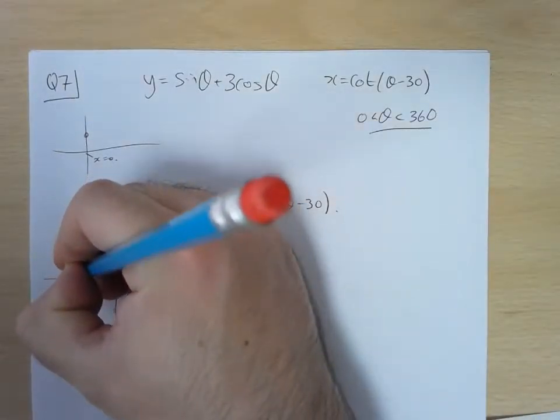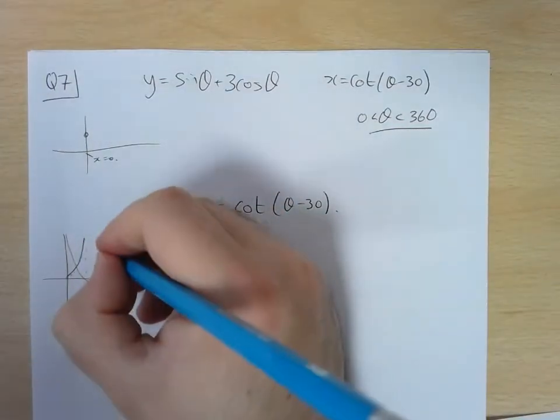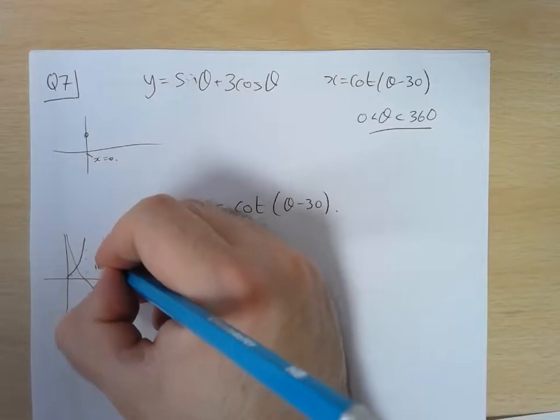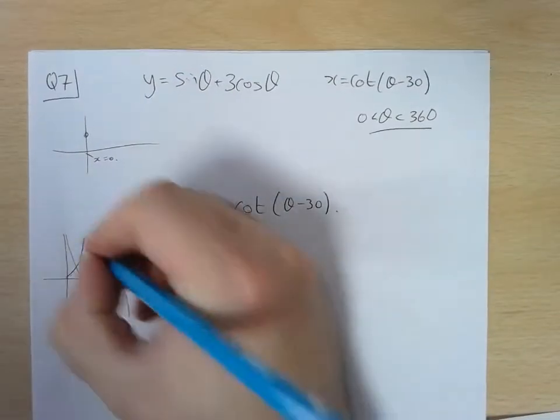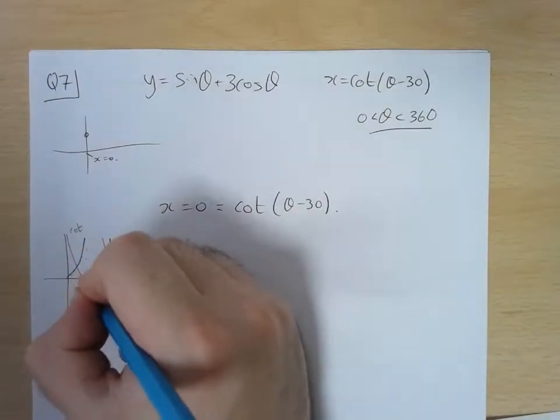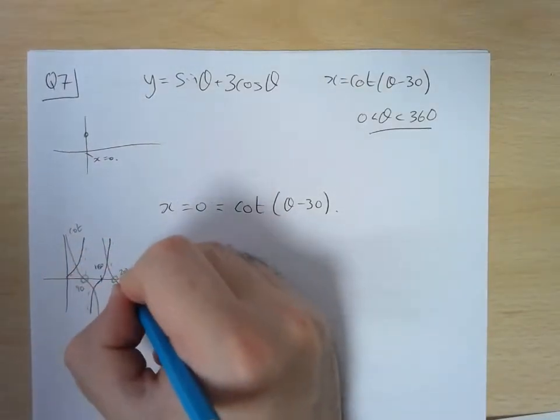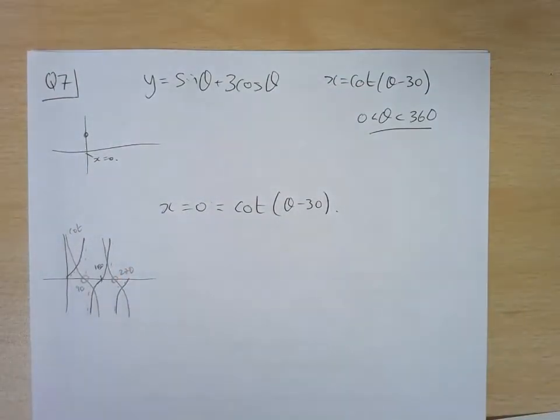So it goes down like that, and down like that, and then it comes down here, and it goes through here, and it goes through there. So this is cot. So we're after these 2 points here and here at 90 and 270. These are the points where cot gives us 0.